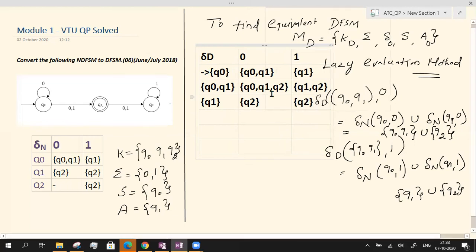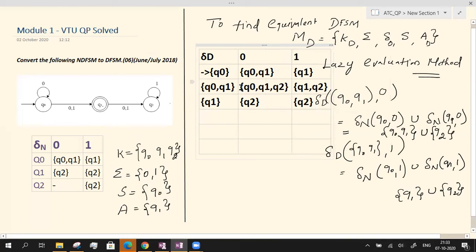Now, while defining these two transitions, we have to check whether we identified any new states. Yes, we identified 3 more new states. One is {Q0, Q1, Q2}, another one is {Q1, Q2}, and the third one is Q2. So let me make an entry for all these.